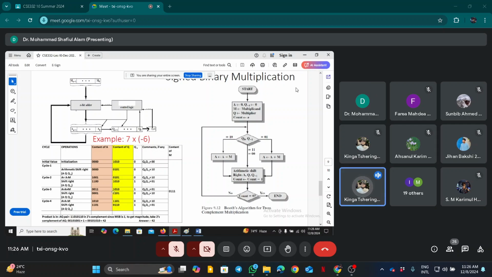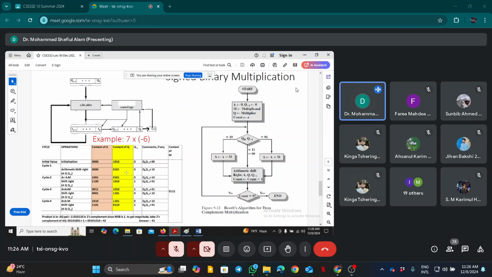Sir, do we have to show all the multiplication process, like the multiplier and multiplicand being multiplied? No, if you can generate this table, it should be all right.